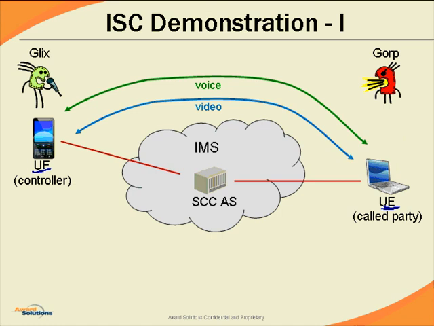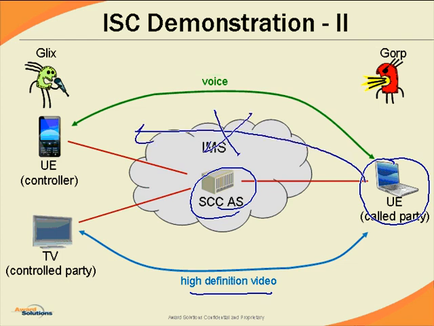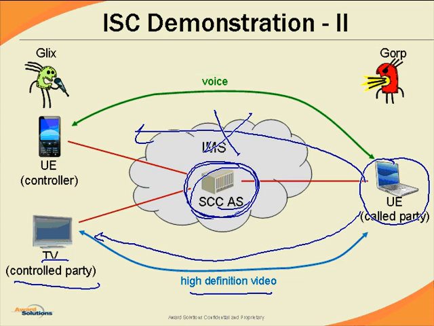And after some time, when let's say this other user wants to share high definition video, we can use the help of application server, and the application server will help us move the video from UE to the high definition TV. So we are using this kind of application server to decide which media should go where.